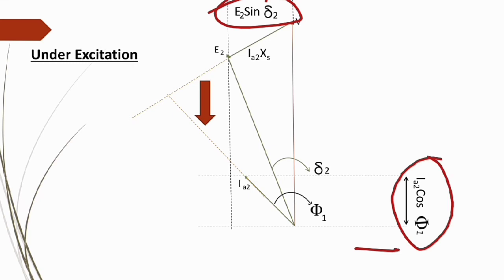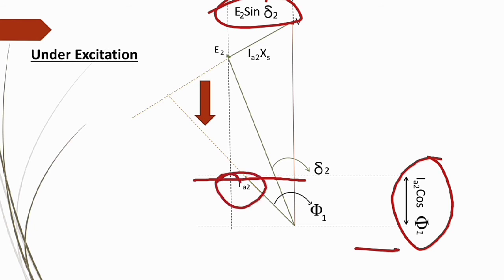So the current, because of under excitation, follows the locus of the left hand side, and the value of armature current increases here.